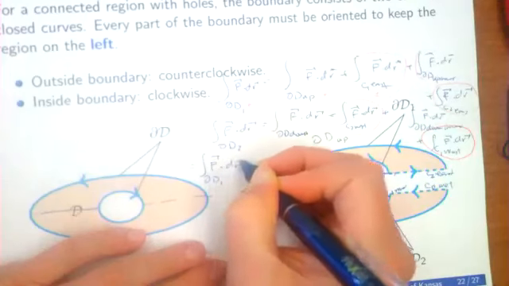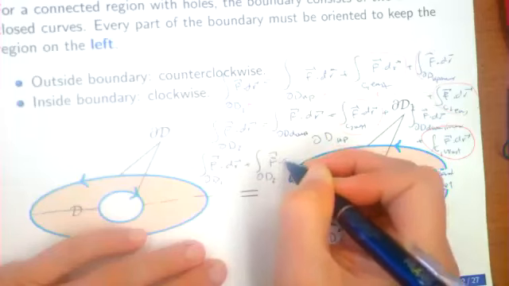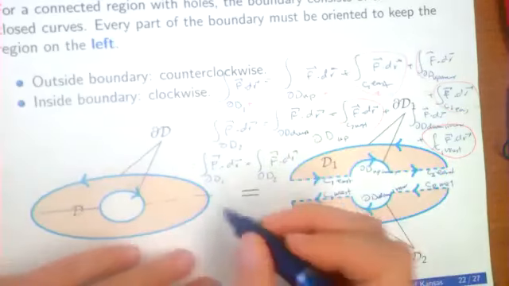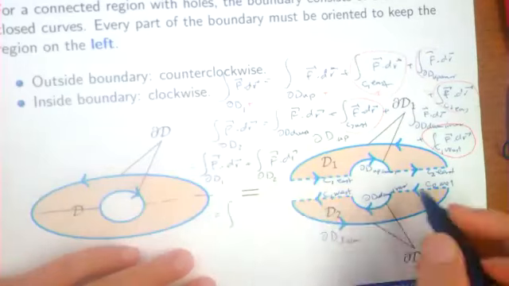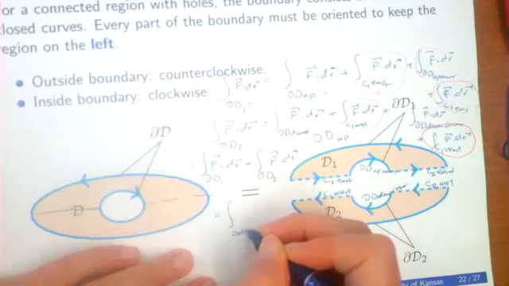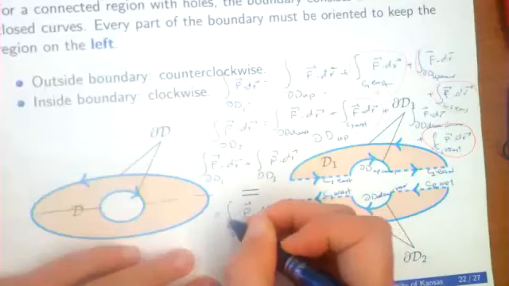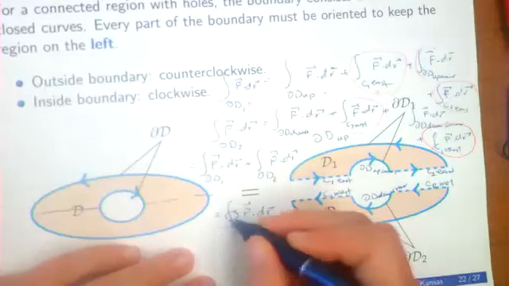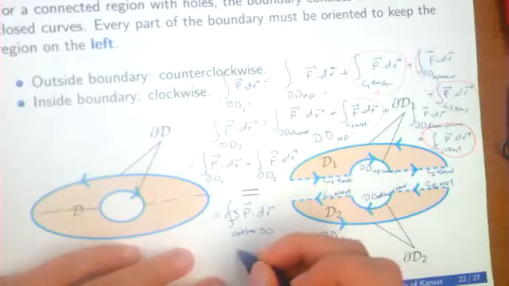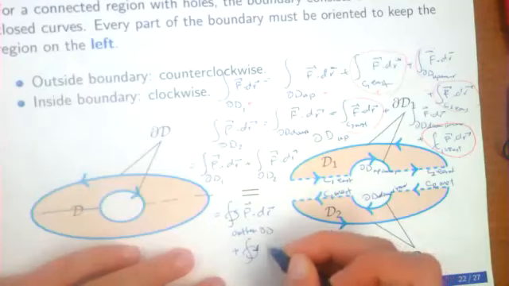So basically, the boundary D1 F dot dr plus boundary D2 F dot dr is going to be equal to the outer boundary of D, F dot dr, in the counterclockwise direction, plus the inner boundary in the clockwise direction.